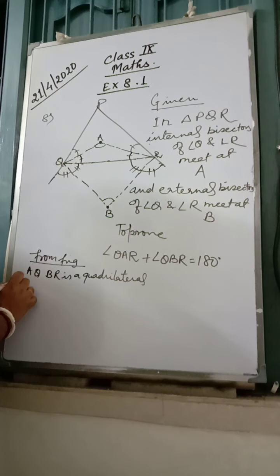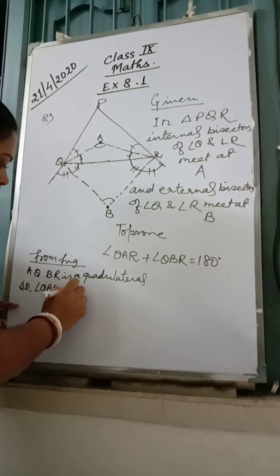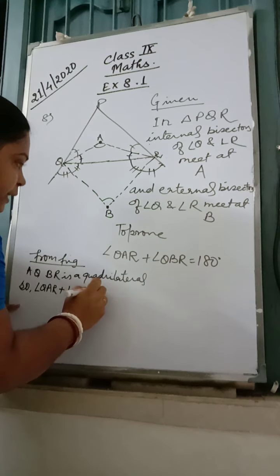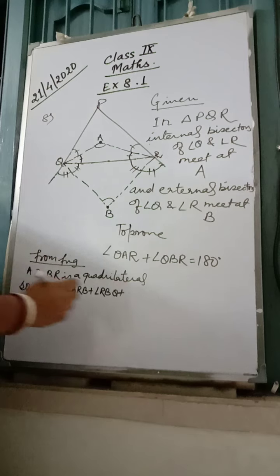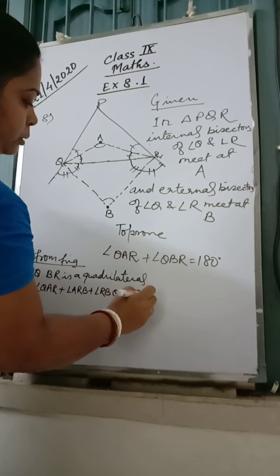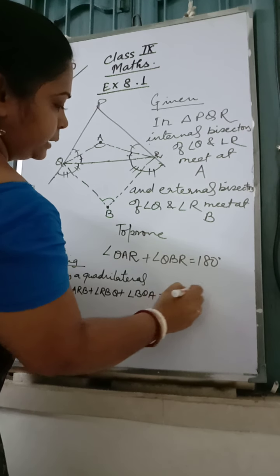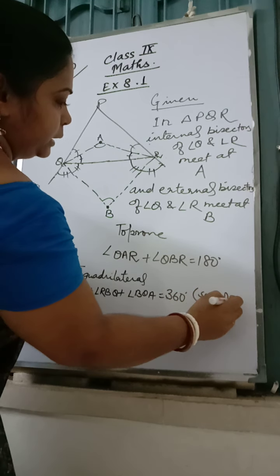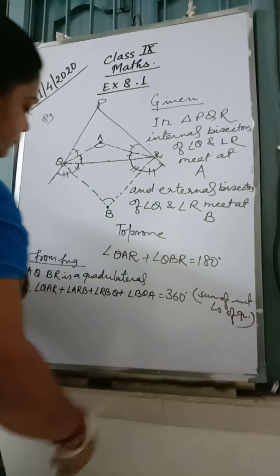So angle QAR plus angle ARB plus angle RBQ plus angle BQA is equal to 360 degree, sum of interior angles of a quadrilateral. Is it?